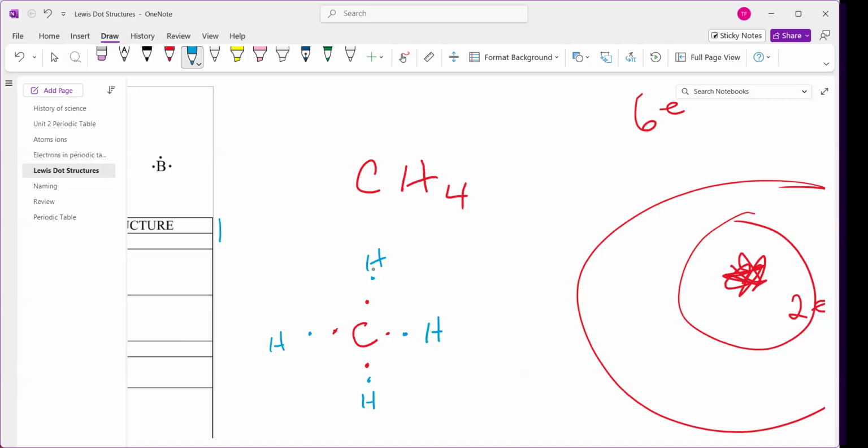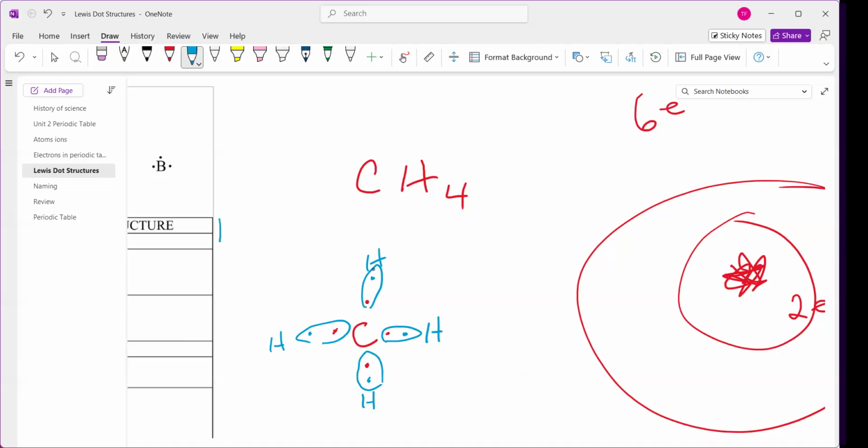Step 2 is to connect up the singletons into a bond. The next step is to check, once we've connected everything up with at least 1 bond, are there any lone singletons that are not bonded? No.